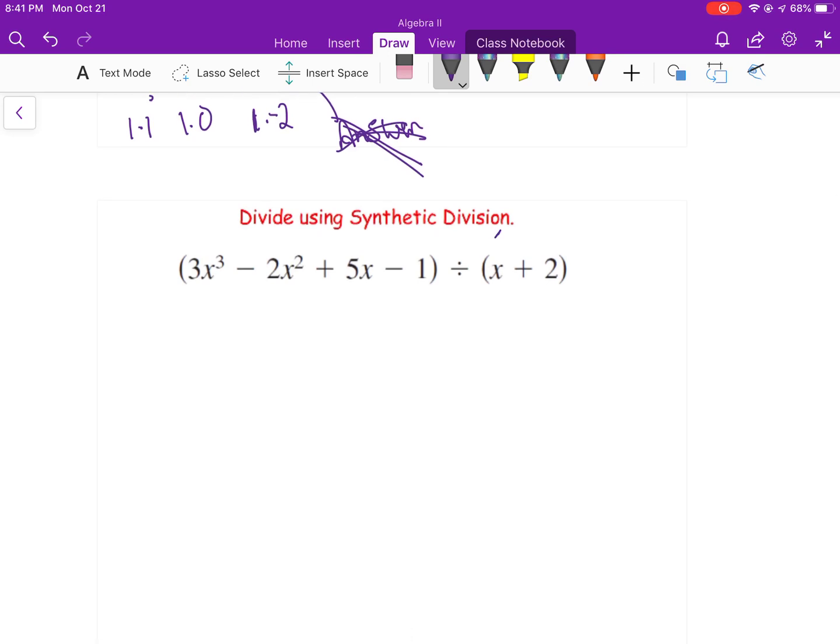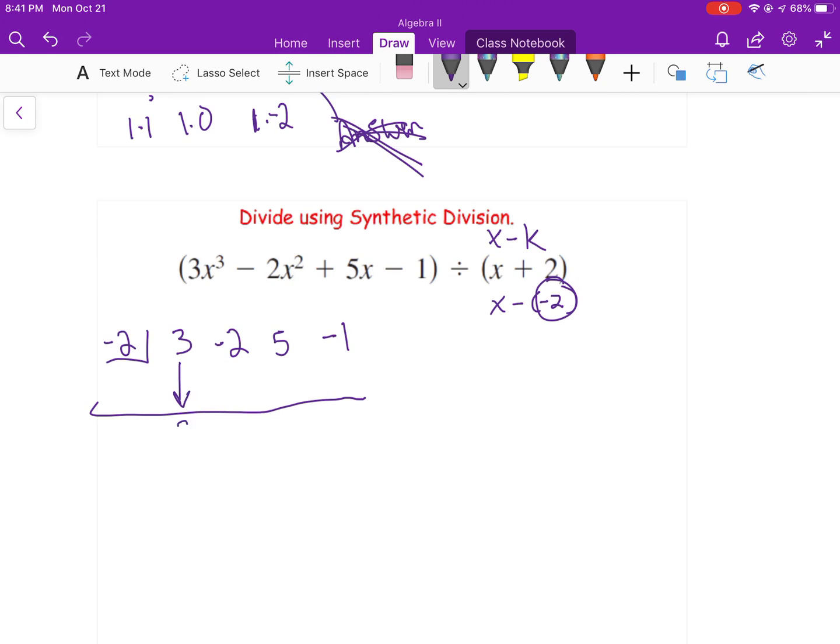There's synthetic division. Same exact process. So here it's supposed to be x minus k, so I need to go x minus a negative 2. So the number that I'm putting in there is minus 2. Coefficients of 3, negative 2, 5, negative 1. Drop the first one. And then keep on multiplying those by your negative 2. So negative 6. Add, negative 8.